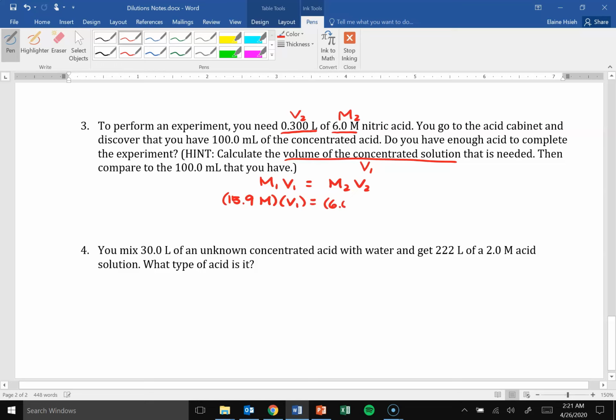M2 is 6.0 molar, and V2 is 0.300 liters. We're going to isolate V1 by dividing by 15.9 molar on both sides.